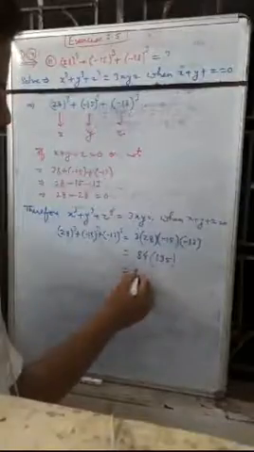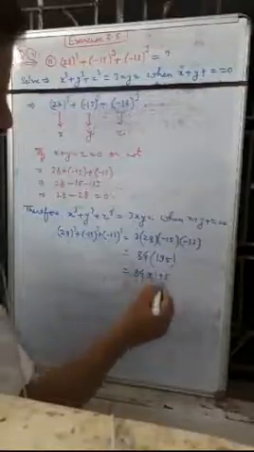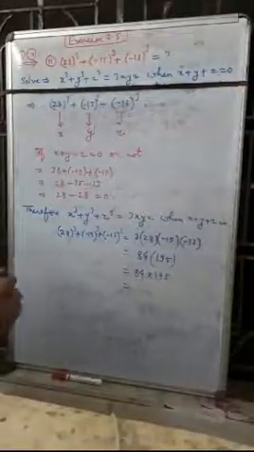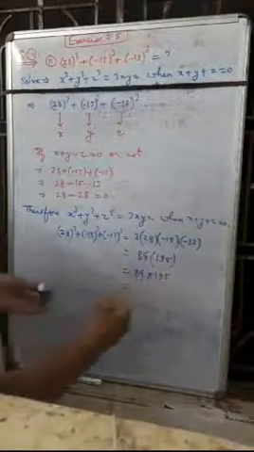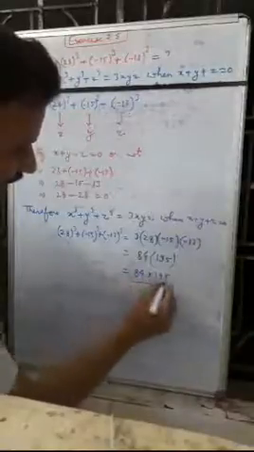195. Now multiply 84 into 195 and you will get the answer. So how to multiply?